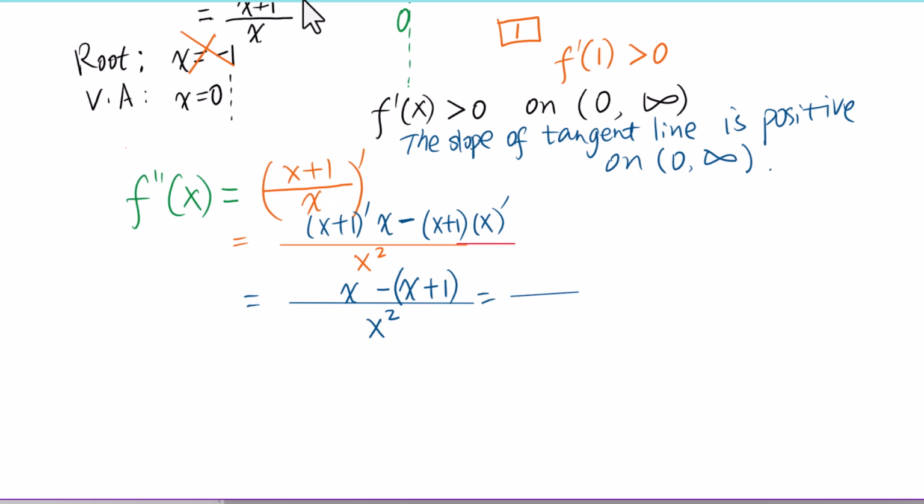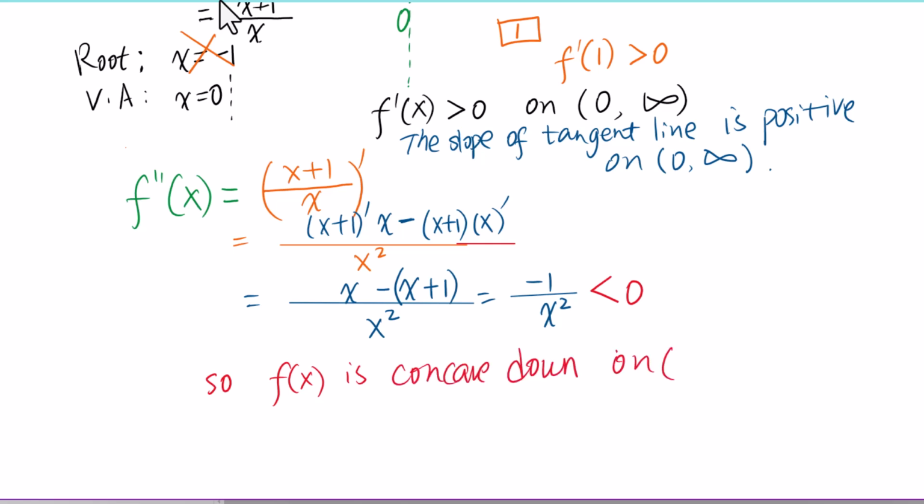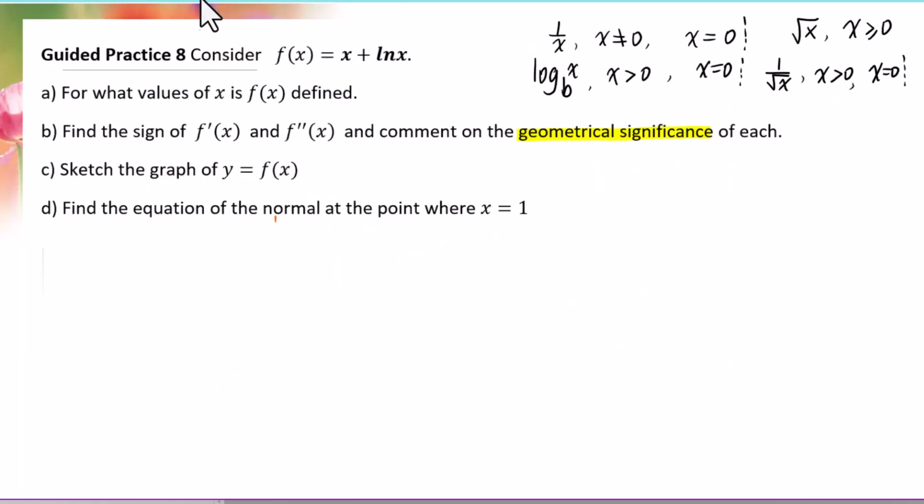Simplify: -1 over x squared. Since -1 over x squared is always less than 0, f of x is concave down on the interval from 0 to infinity.